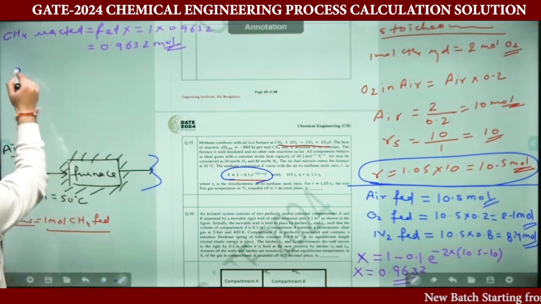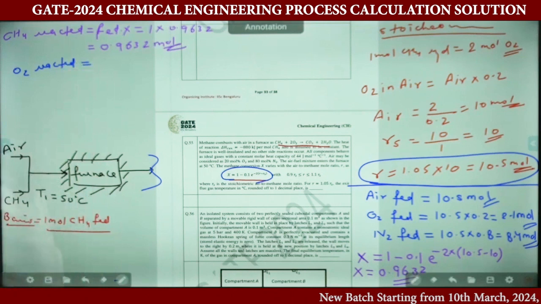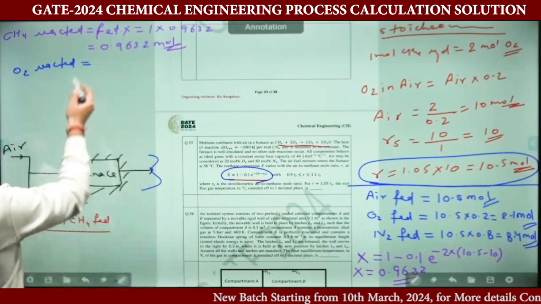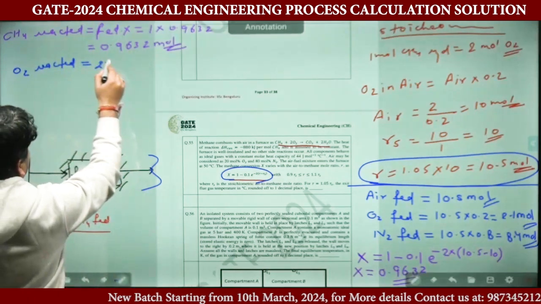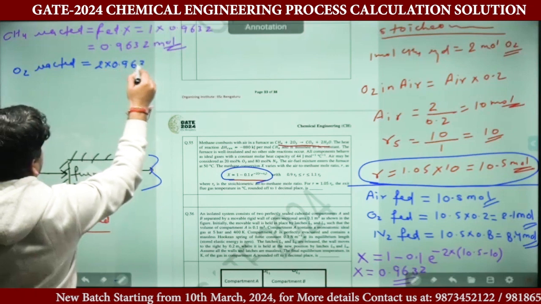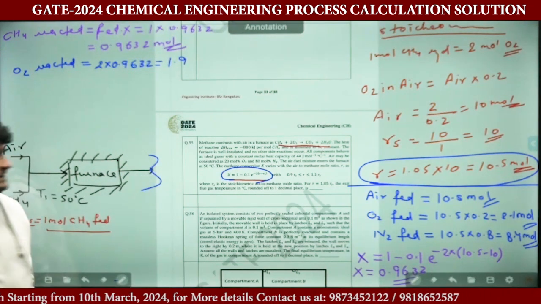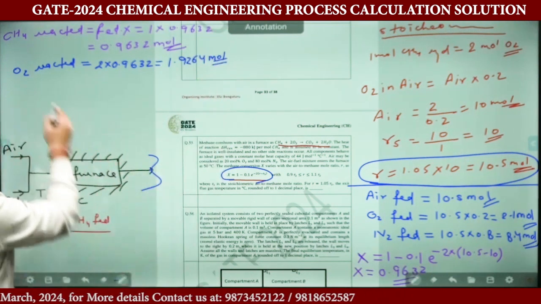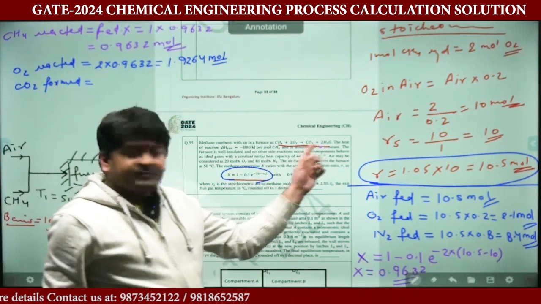Now O2 reacted. O2 reacted will be, you can see the reaction, 1 mole CH4 requires 2 mole O2. So 0.9632 moles of CH4 will require 2 into this, that is 1.99264 moles. And from the reaction itself, you can see CO2 formed will be 1 mole CH4 gives 1 mole CO2.